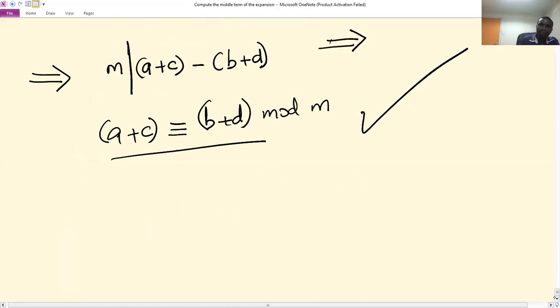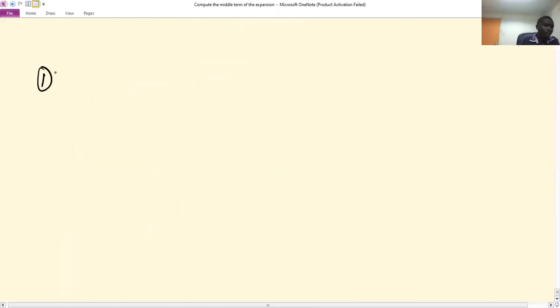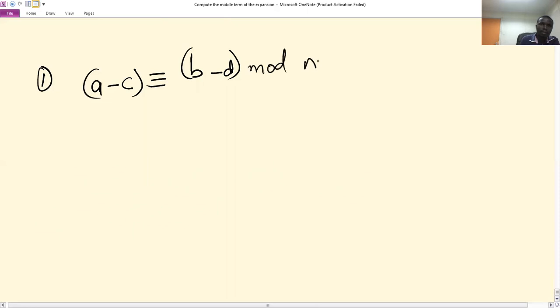Second one, number 2, we have to show that A minus C is congruent to B minus D modulo M. We'll do the same thing.